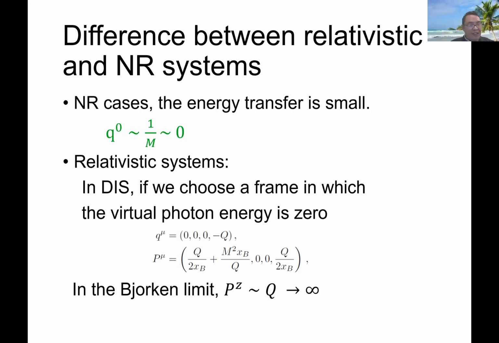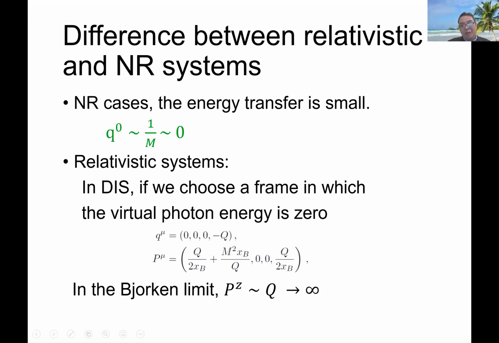When the mass gets very heavy, the energy transfer equals 0. Now, in a relativistic system, for example in deep inelastic scattering, in order to go to this non-relativistic picture, you would have to choose a frame in which the virtual photon has 0 energy.